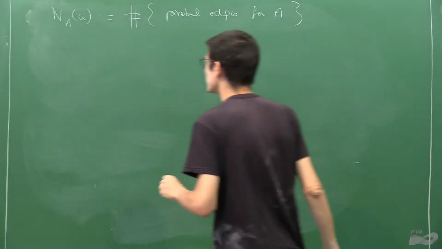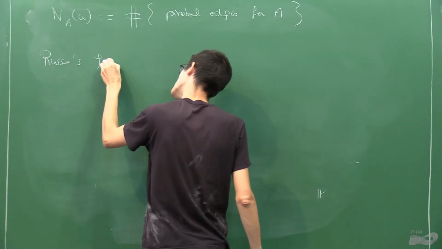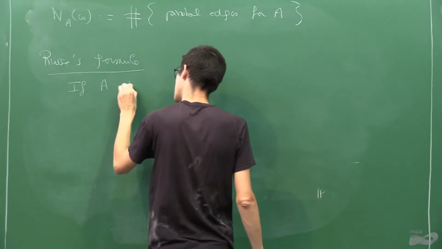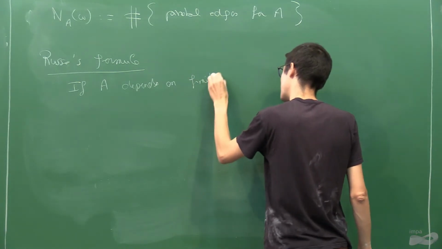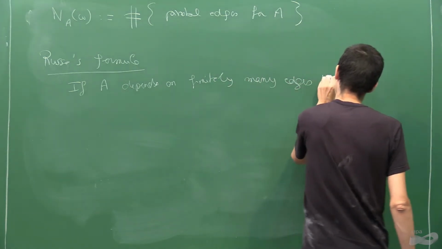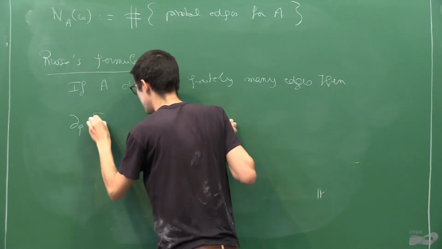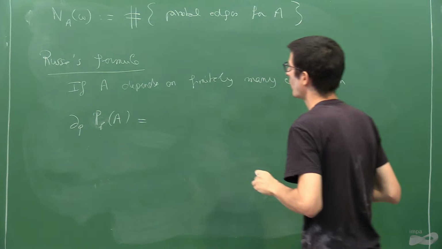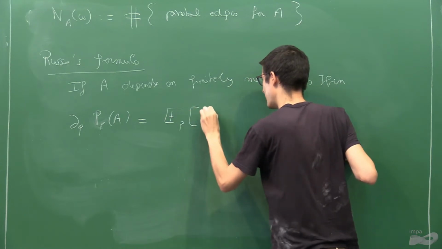And what Russo's formula says, if A depends on finitely many edges, then the derivative with respect to p of P_p of A is equal to the expectation of N_A.